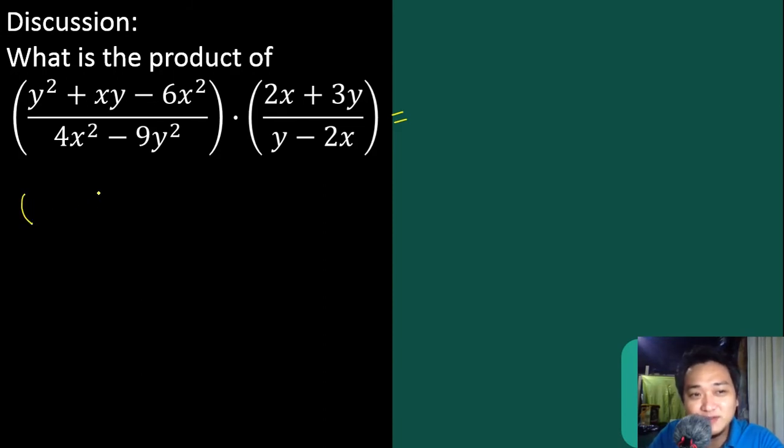So we can make use not only of the AC method, we could also employ the trial and error method. So let us just put here y and y because it is y squared. Then what will be the factor of 6 that will make 1? Kasi 1 yan dito, hindi na sinusulat yung 1. What will be the factor of 6 that will make 1?